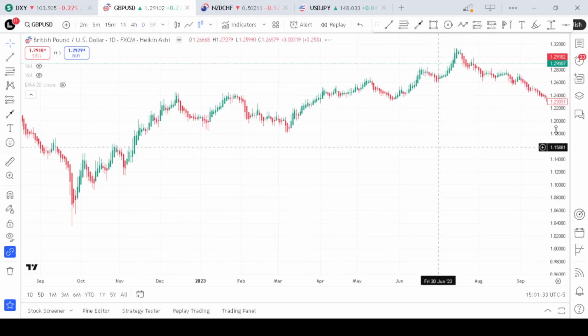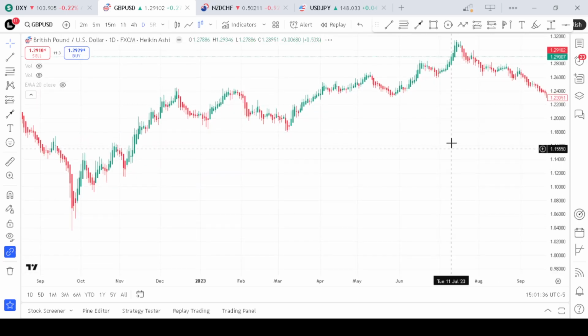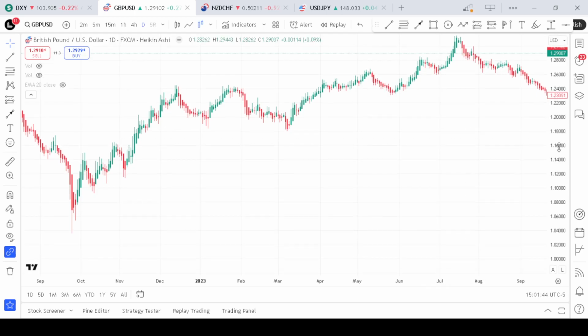How does the Heikin Ashi work? Each Heikin Ashi candlestick is calculated using a formula. The open is calculated by the average of the previous candle's open and close. The close is calculated by the average of the current candle's open, high, low, and close.